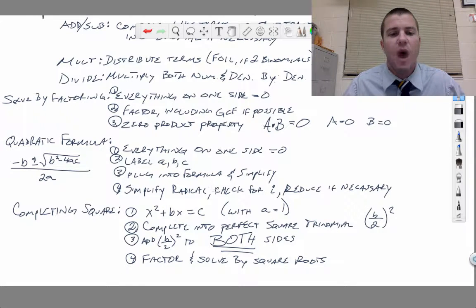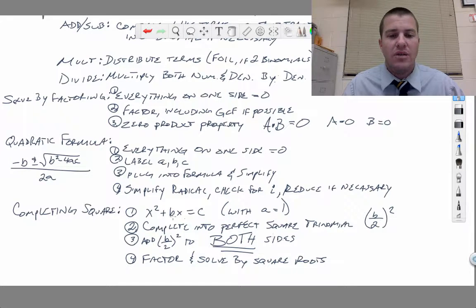With completing the square, get it in the right form. This is the one that is different. You want the x squared and the bx on one side, and you want the constant on the other. So x squared plus bx equals c, but your a has to be a 1. So if there is an a that's not a 1, you need to divide every term by that a.